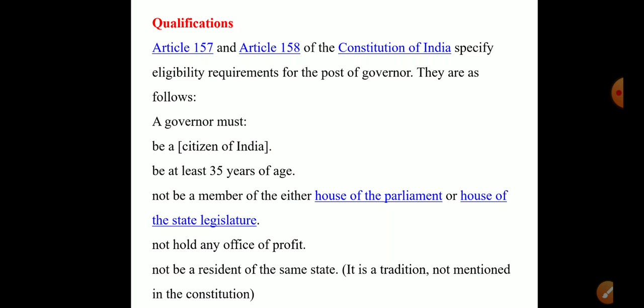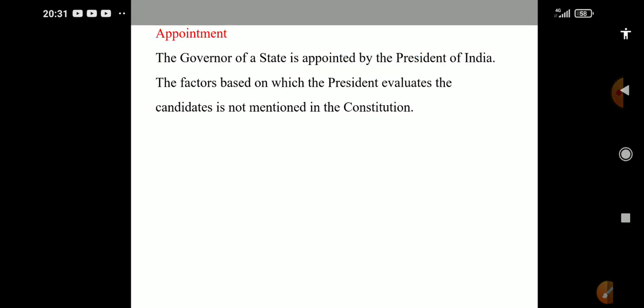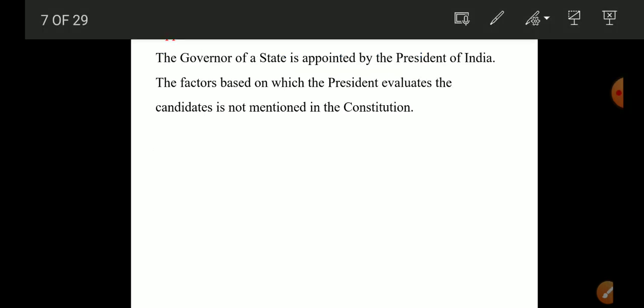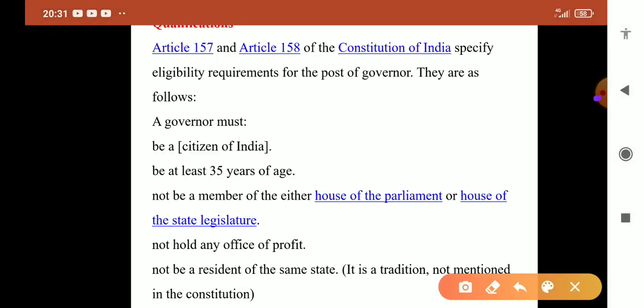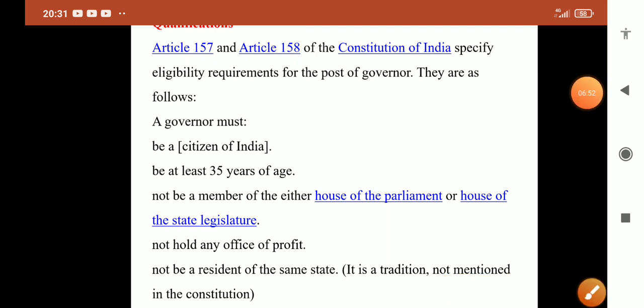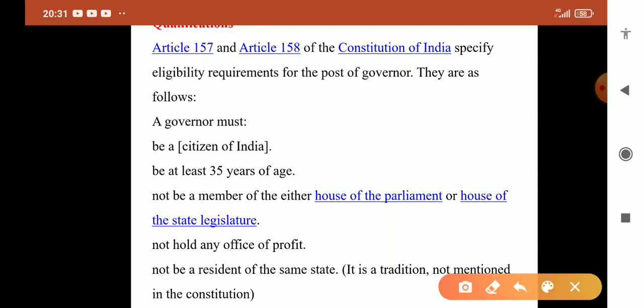Right, a governor must be a citizen of India. He must be at least 35 years of age, not be a member of either house of the parliament or house of legislature, not hold any office of profit, and keep in mind, not be a resident of the same state.